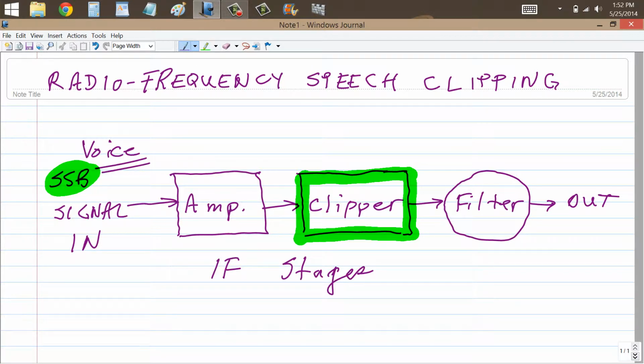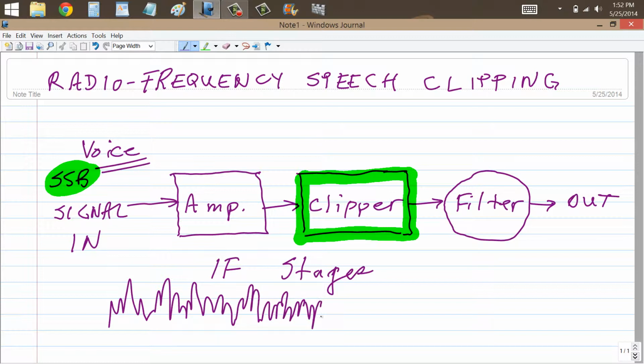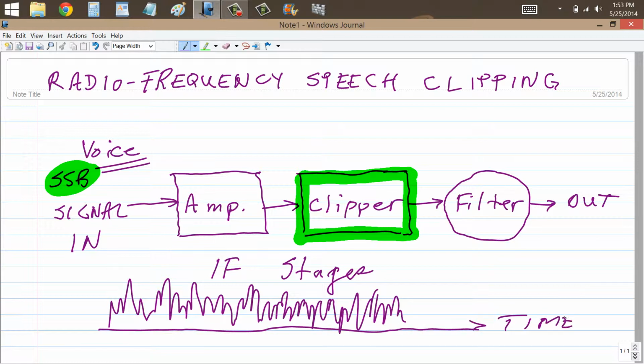So if your single sideband signal as a function of time looks like this, suppose this is your power graph as a function of time, time on the horizontal axis, power on the vertical axis.